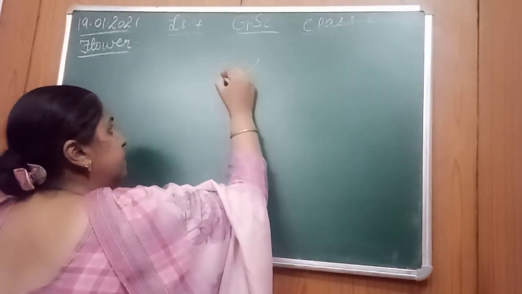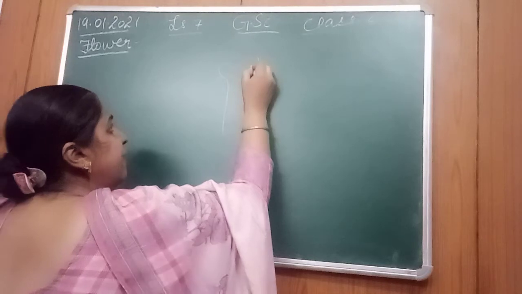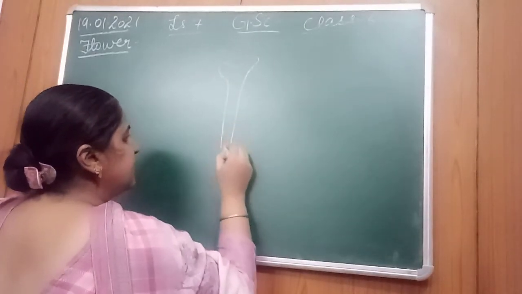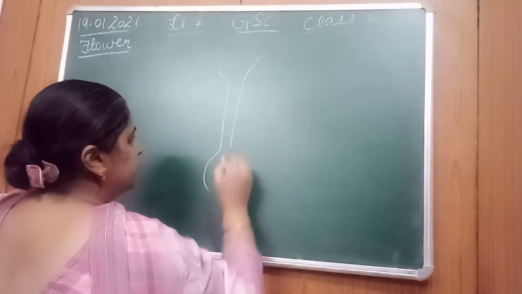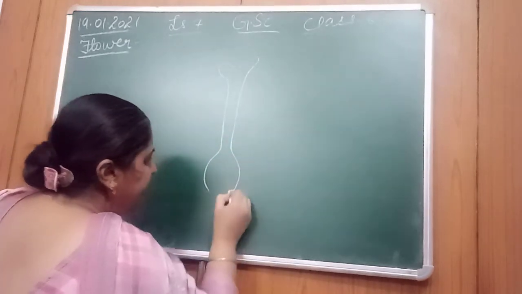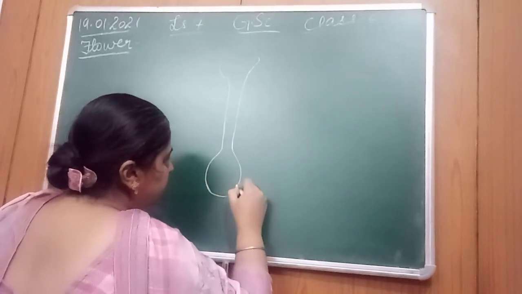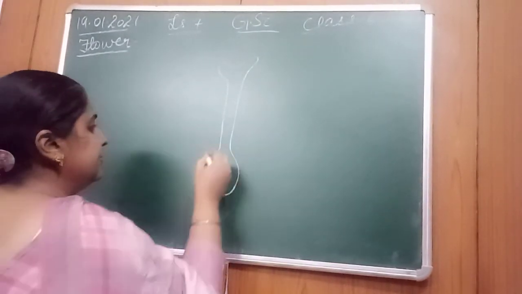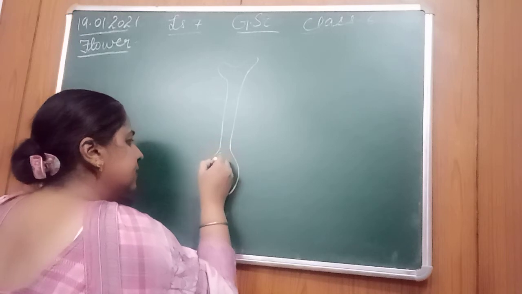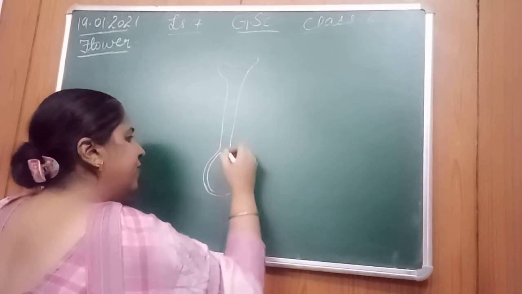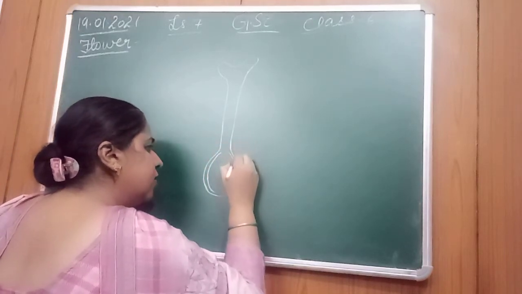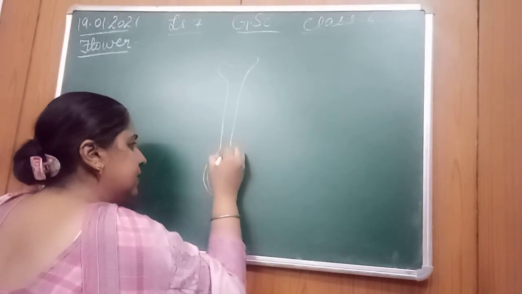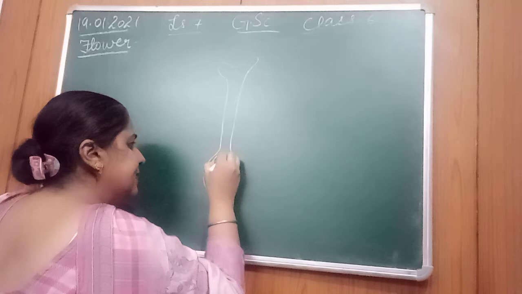Draw stigma, the receptive end, where pollen grains are received. Then draw the swollen ovary. This is ovary. Then inside the ovary there are ovules. These are bead-like structures. Like this.